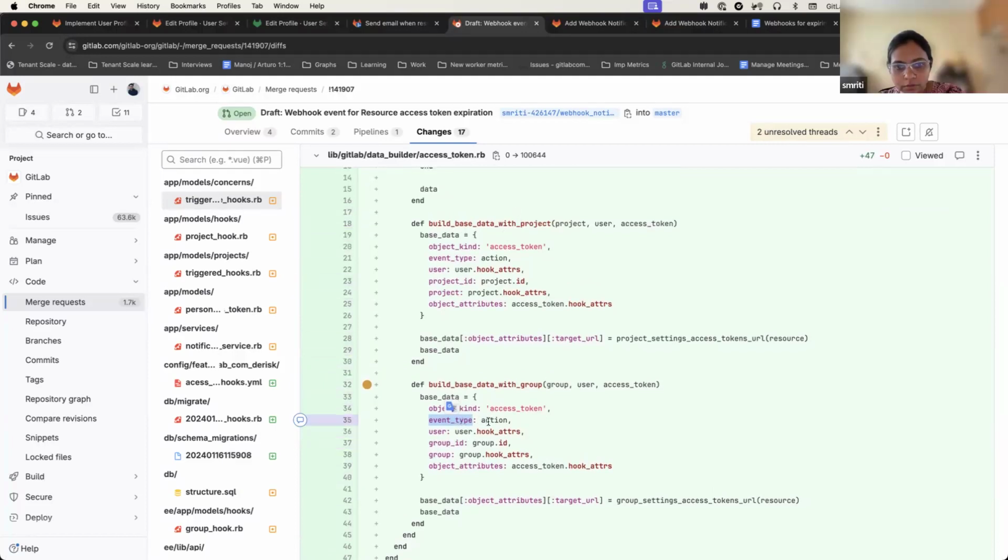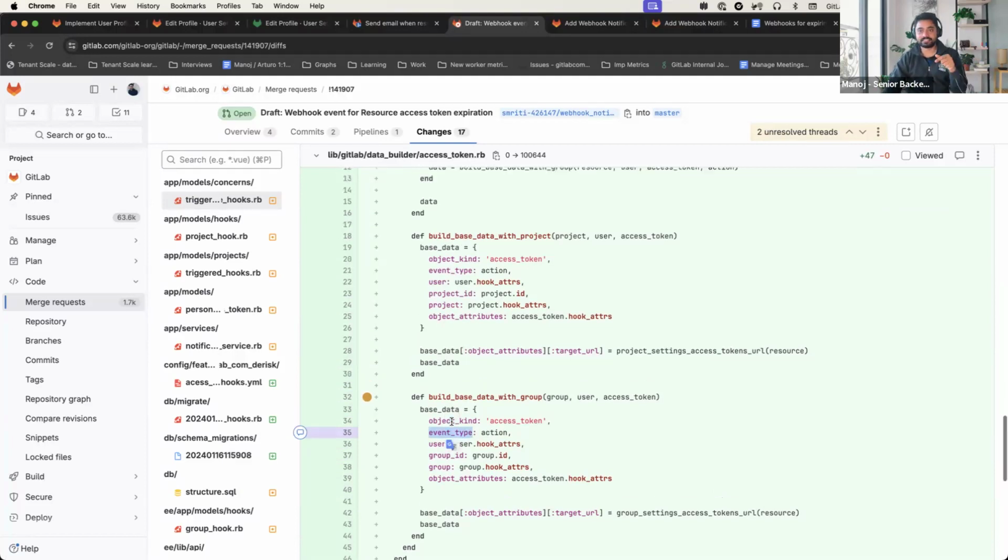The only thing that should change is the event, because otherwise the consumer cannot identify whether this is expiring or creating a new access token. So make sure that the event type is addressed as such.